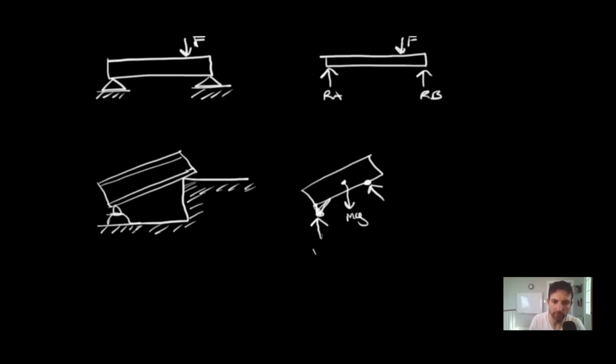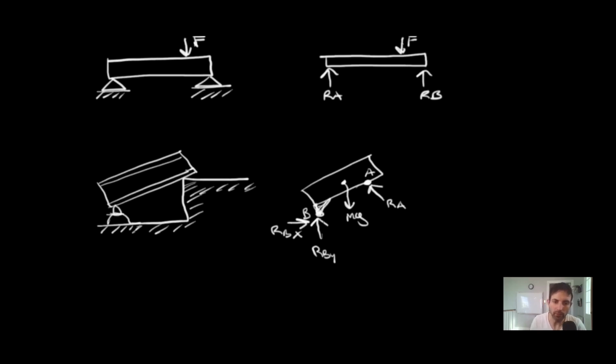Let's call this point B, point A. I'm going to call this reaction A, and I'm going to call this reaction B, Y. The reason I say Y is, if you think about it physically, this beam is going to want to slide down. I know it's pinned, but it's going to want to slide down, and it's prevented from doing so by that hinge. So you've got this weight and a reaction in two different directions.